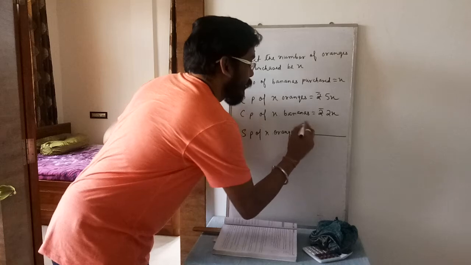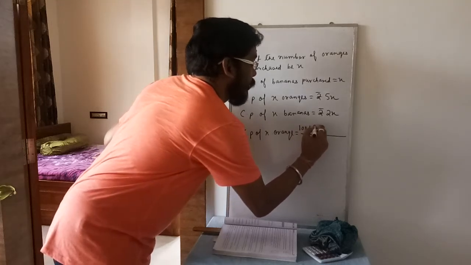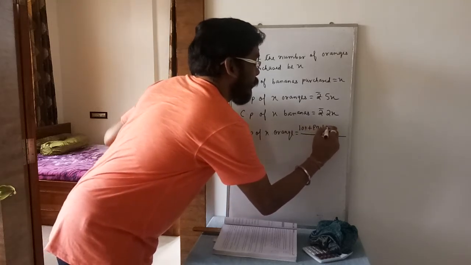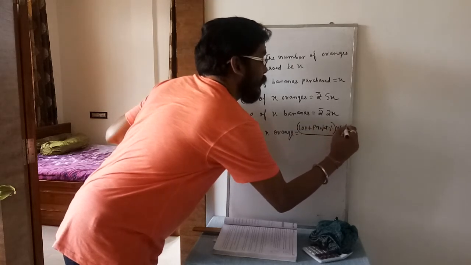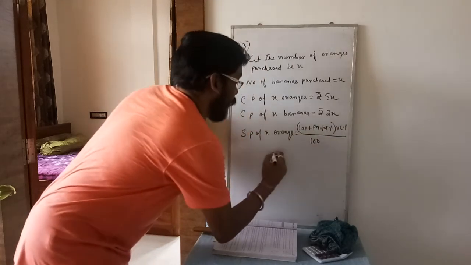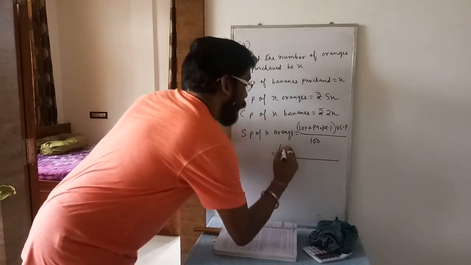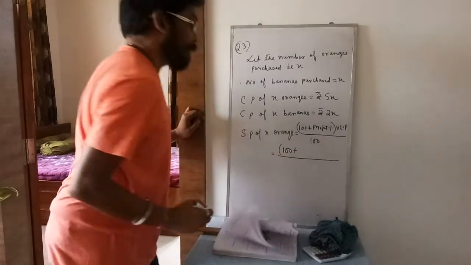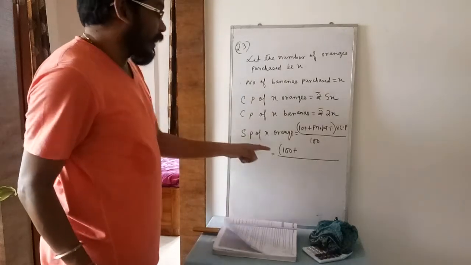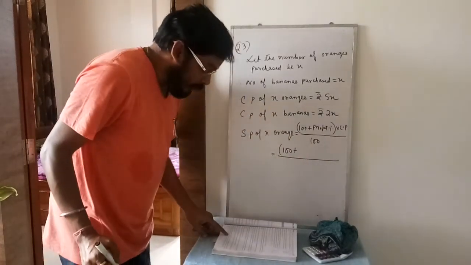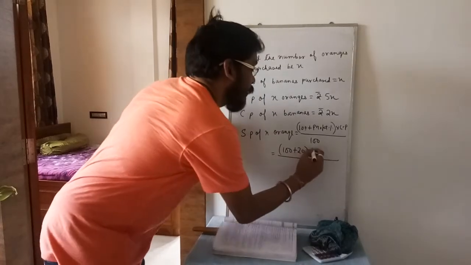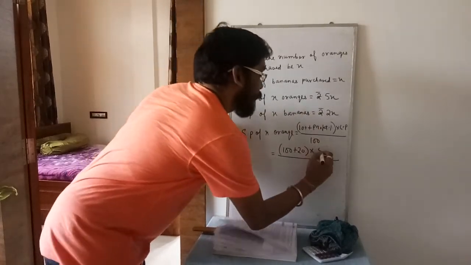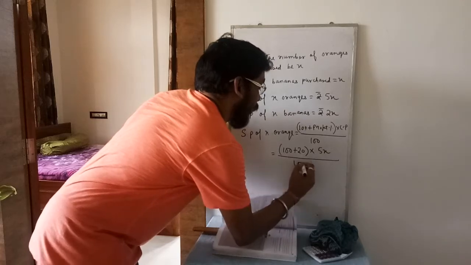You got these formulas in lower class: 100 plus profit percent into CP by 100. So what is the profit percent for orange? It is 20. 100 plus 20 into orange CP, which is 5x, and down it is 100.